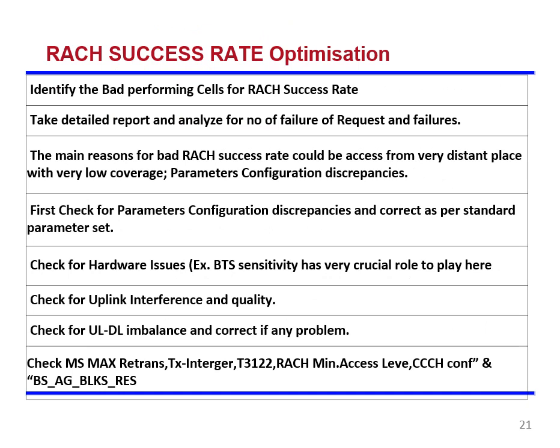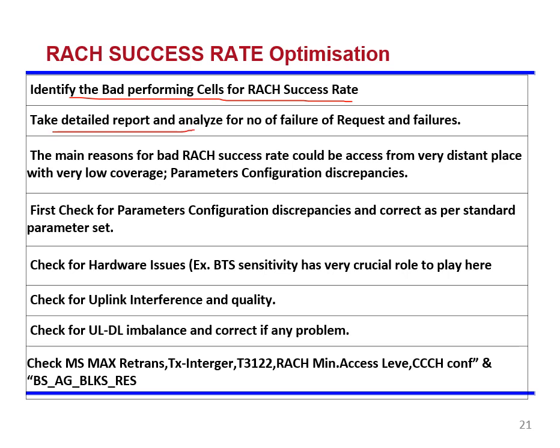How to optimize it? Just like the TCH success rate, the RACH success rate should be as high as possible. Any issues in the radio network, you have to address them. The discrepancies are to be avoided. Mainly, first you have to identify the bad performing cells for the RACH success rate.